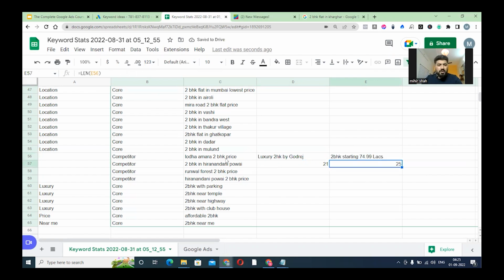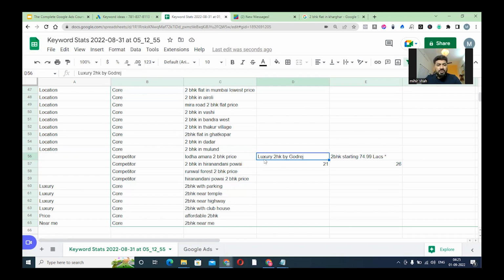So again, Lodha Amara 2 BHK price, I put some relevance when it comes to 2 BHK, right? 2 BHK starting at 74.99, and also always put a star here. Here, because he was looking for Lodha and a 2 BHK at a price, and he's looking for that price, so I put it.